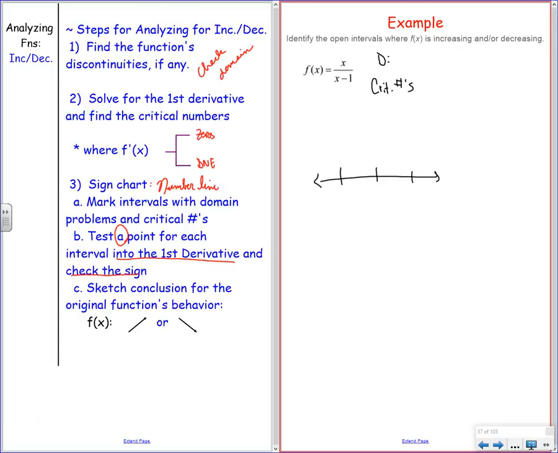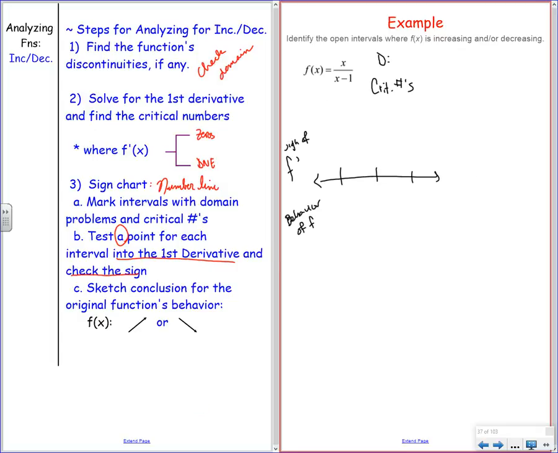Maybe there's 3, maybe 1, maybe 2. Then we test the sign of f prime to tell us about the behavior of f. At the end of the day, we can say on each interval, from negative infinity to one number, or between numbers, or to positive infinity, where the function is increasing or decreasing.